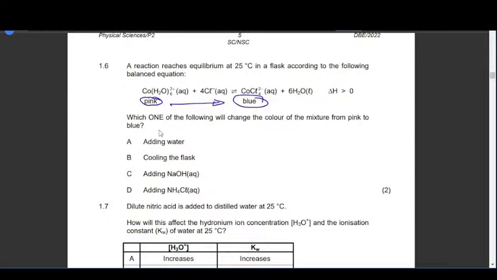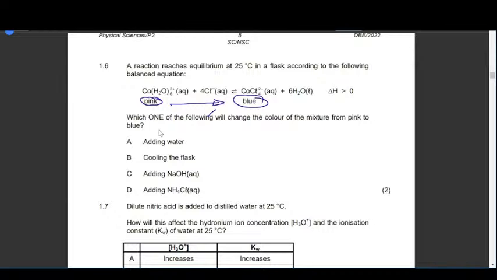So now let's look at this and we see. First one, adding water. No, water will not cause a big change in color. Cooling the flask, this is the enthalpy change is greater than 0. So cooling of the flask. Now adding sodium hydroxide.